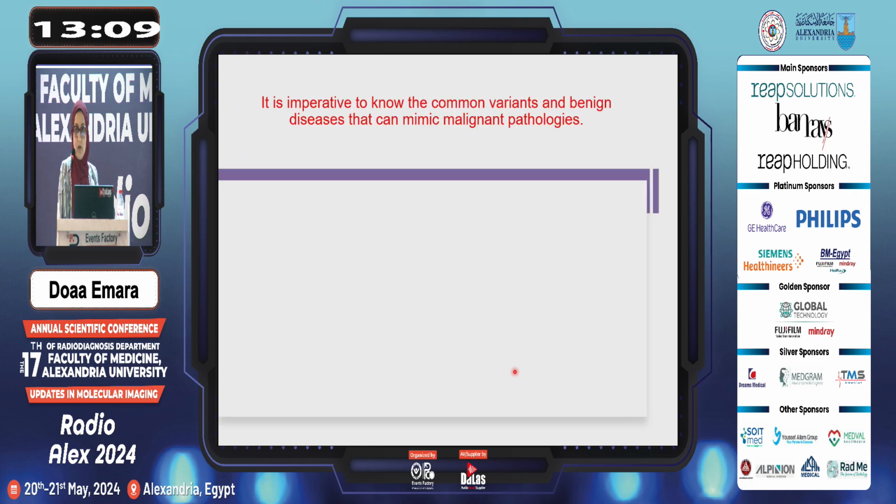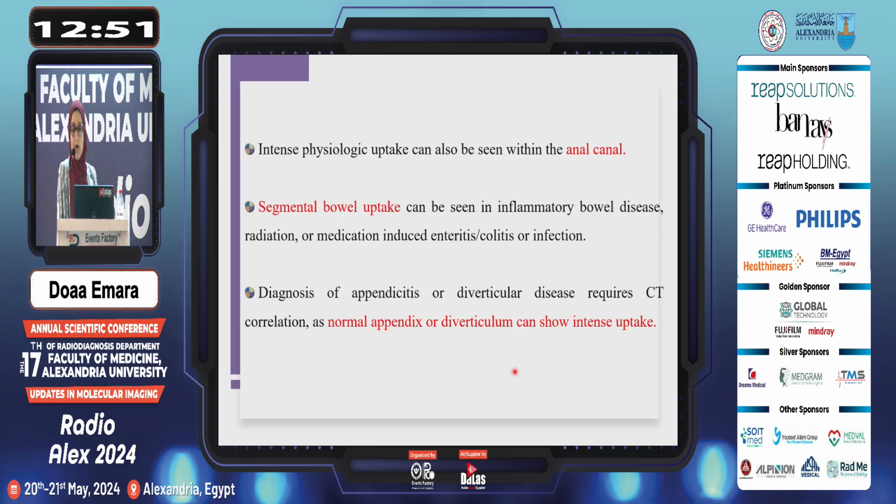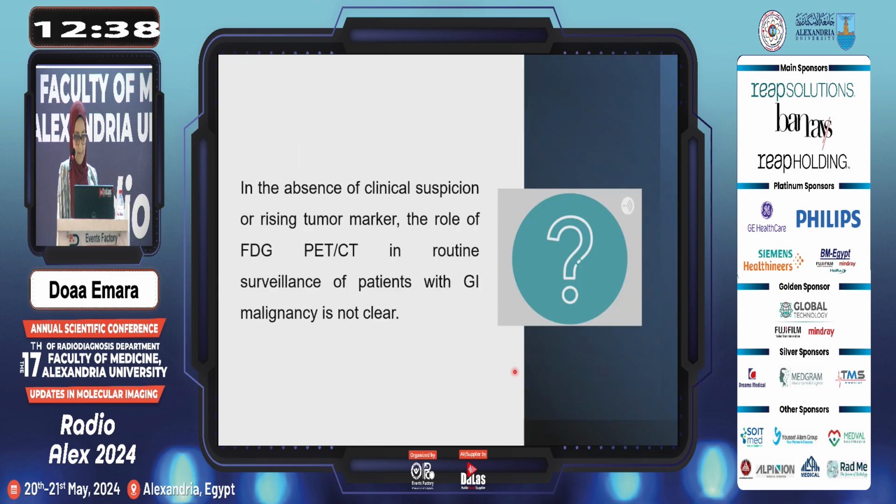It's important to know the common variants and benign diseases that can mimic malignant tumors, such as intense FDG uptake in the esophagus and stomach in cases of esophagitis and gastritis, the use of metformin, which can cause intense uptake through the bowel loops, intense physiological uptake through the anal canal, segmental bowel uptake in cases of IBD, radiation enteritis, and colitis, and even the normal structures, the appendix and diverticulum, can show FDG uptake.